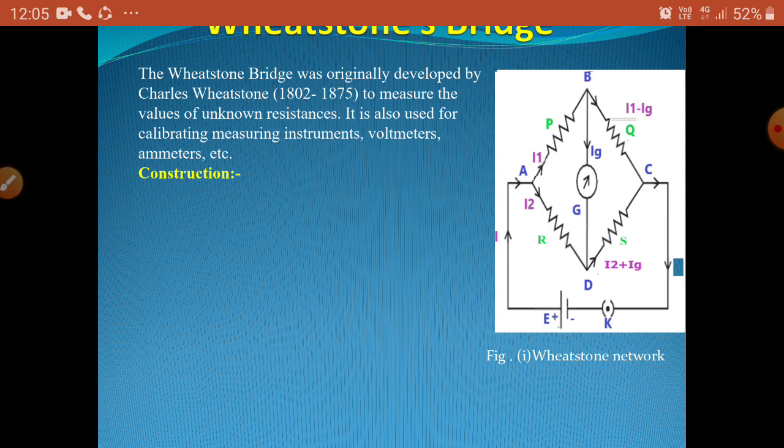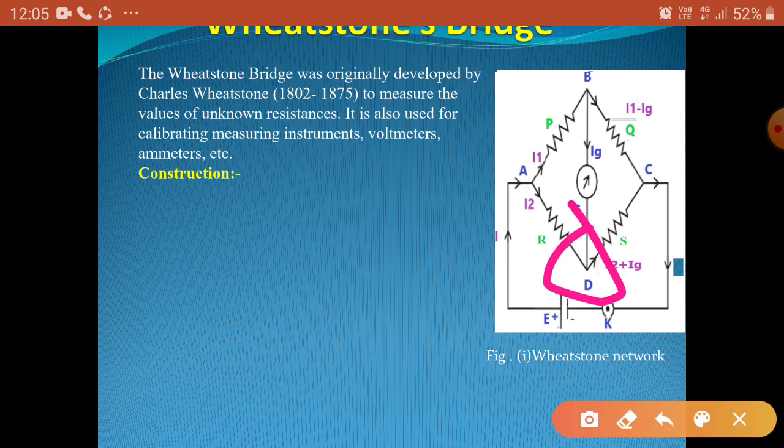Now we have to see a point D along the loop ADC having potential same as that of the point B along the loop ABC.